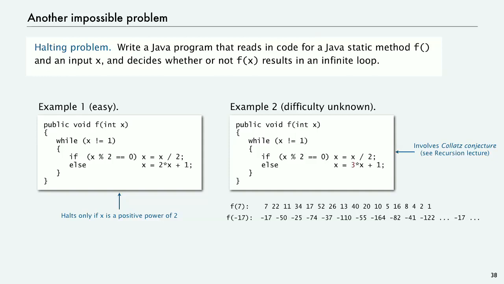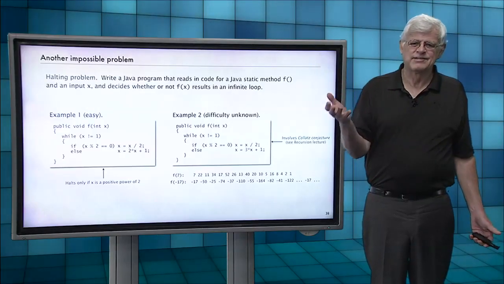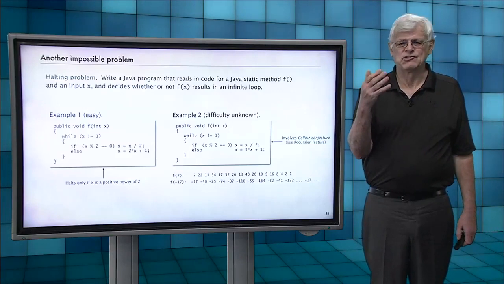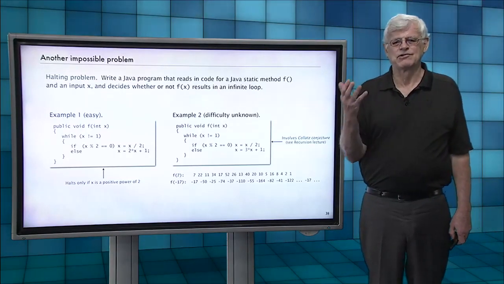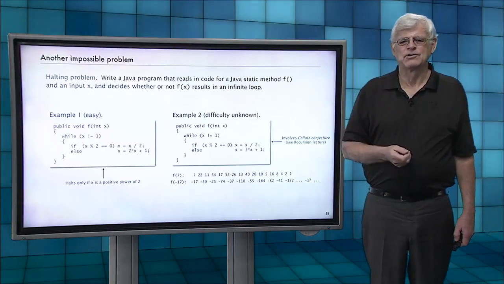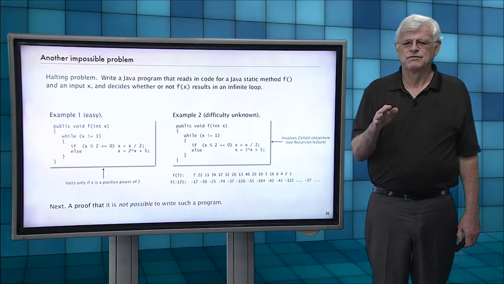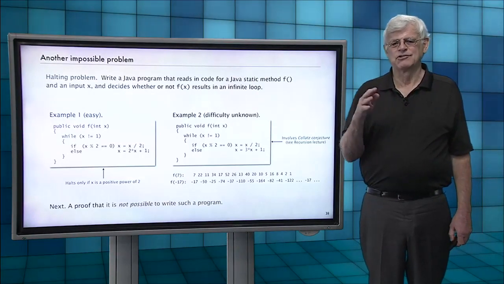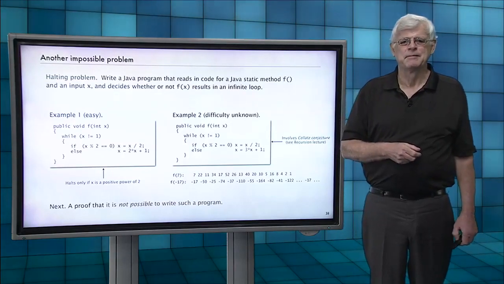People have studied extremely long sequences and so forth, but there's no proof that that thing halts for all different values of x. So at least these examples show that it might be a challenge to write a program that reads in code for a Java function and decides whether or not it goes into an infinite loop. What we're going to talk about next is a proof that it's not possible to write such a program, even leaving the Collatz conjecture aside.